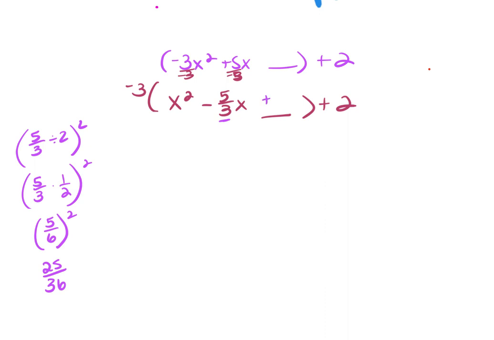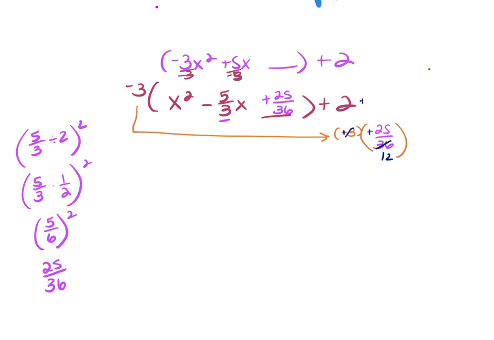I'm going to add it inside the parentheses. And I would normally subtract it from outside the parentheses. But I have to account for what I took out, so I'm going to multiply by negative 3 first. A negative and a negative means this is going positive. 3 goes into 36 12 times. Reduce when you can. A lot of people try to wait, and it's a mess.